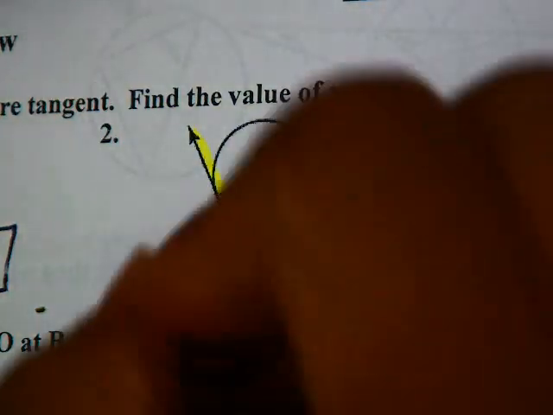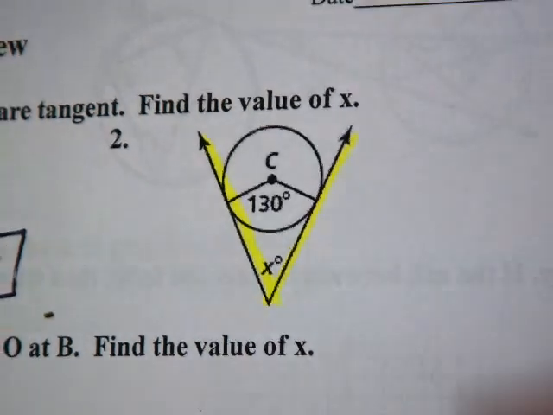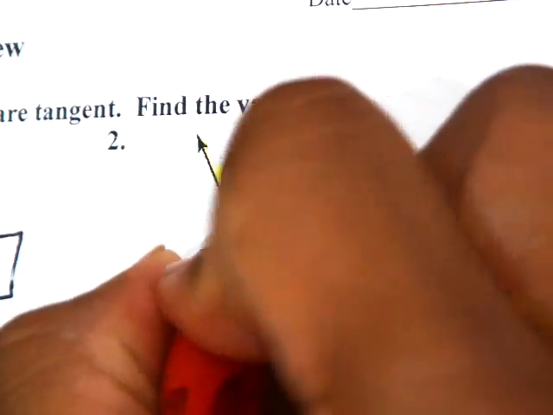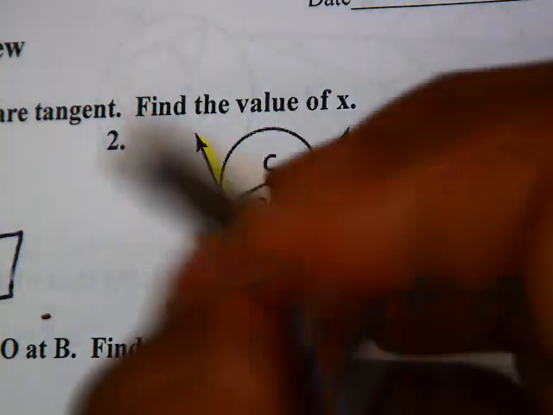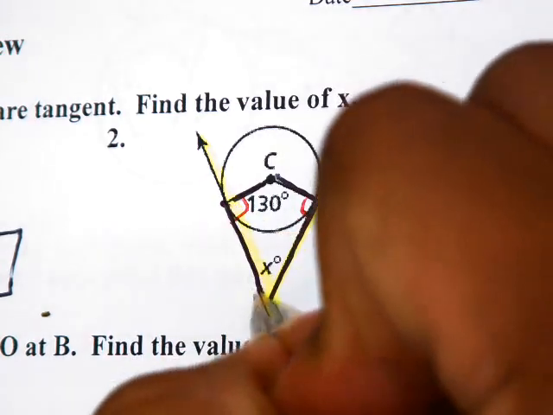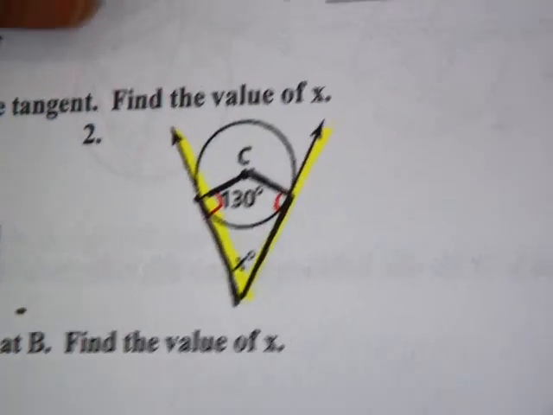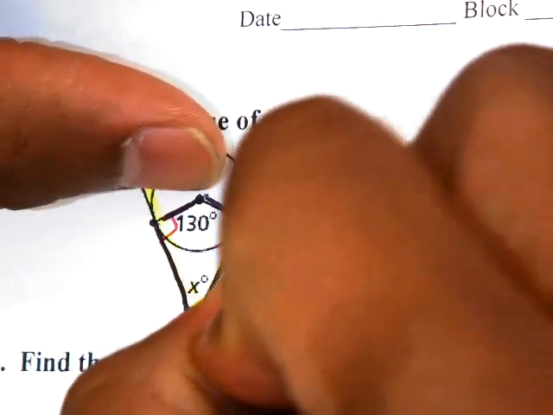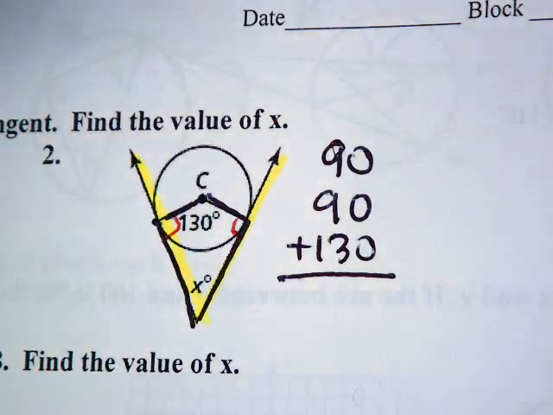For number 2, it's kind of the same situation, but I have two tangent lines. Here's a tangent line, here's another tangent line. Again, what gets created are right angles here and here. But our shape is a little different this time. It's a four-sided shape, and four-sided shapes add up to 360 degrees.